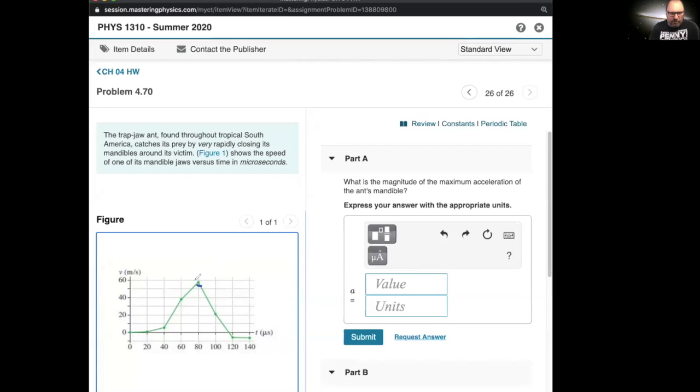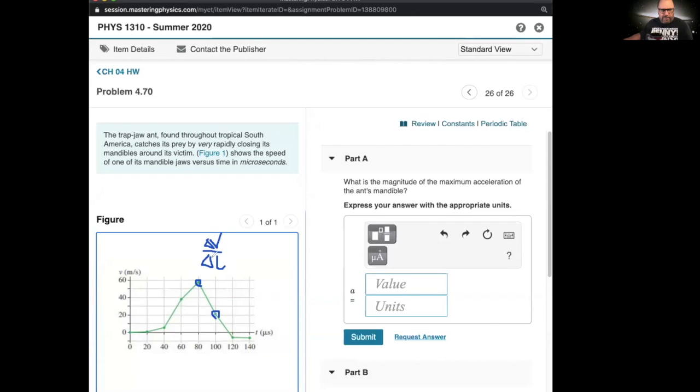If I take this point here and this point here, and I find my slope, that's going to be delta V over delta T. I'm going to get out my drawing pad here.